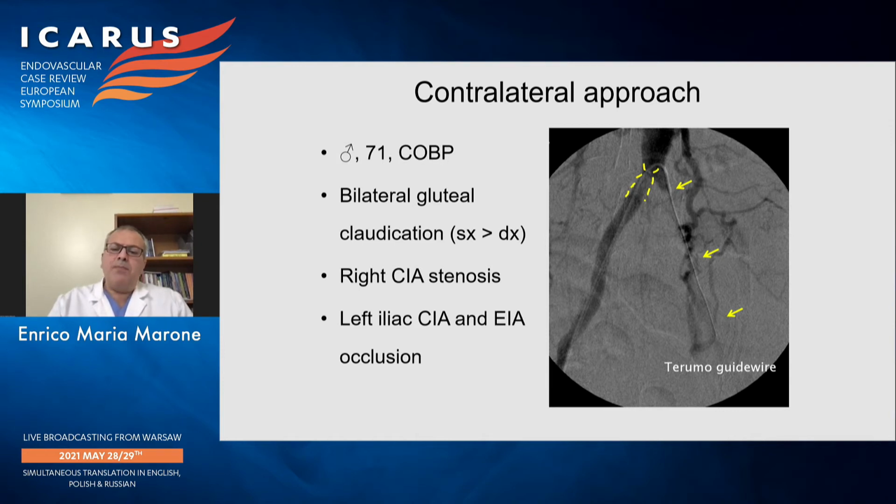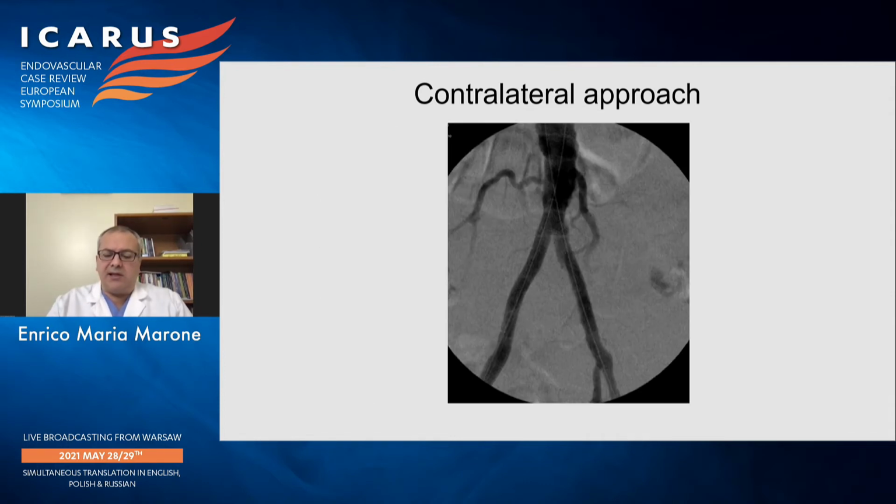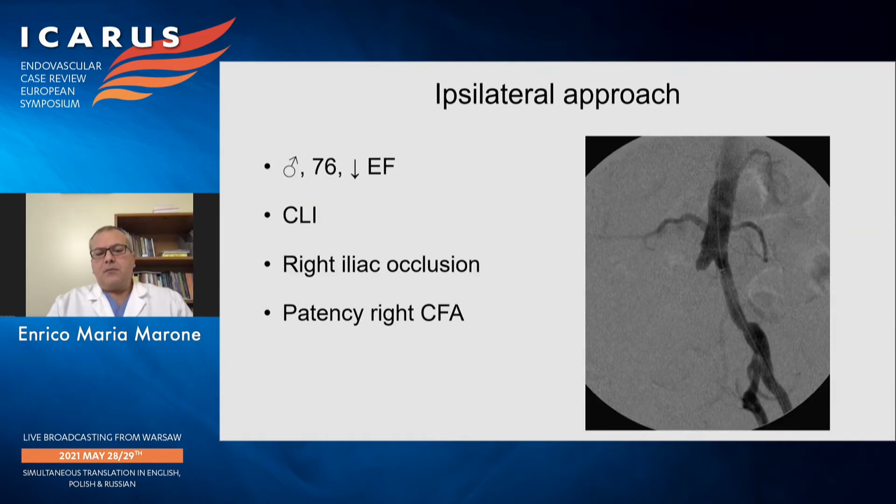It is possible to recanalize the common iliac occlusion. After this, the procedure is the same we commonly use for bilateral iliac disease treatment with kissing stenting and balloon stenting.